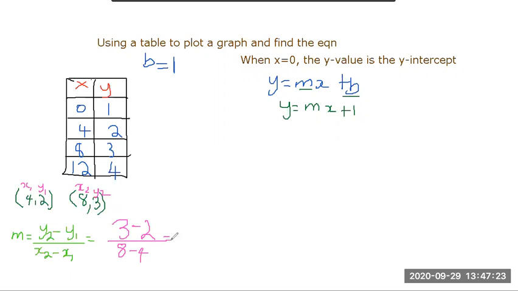So my answer turns out to be 1/4. So if I'm going to write my equation, it's y equals 1/4 x plus 1.